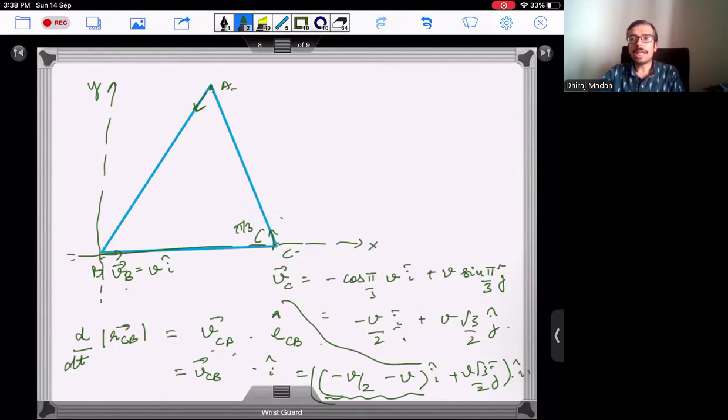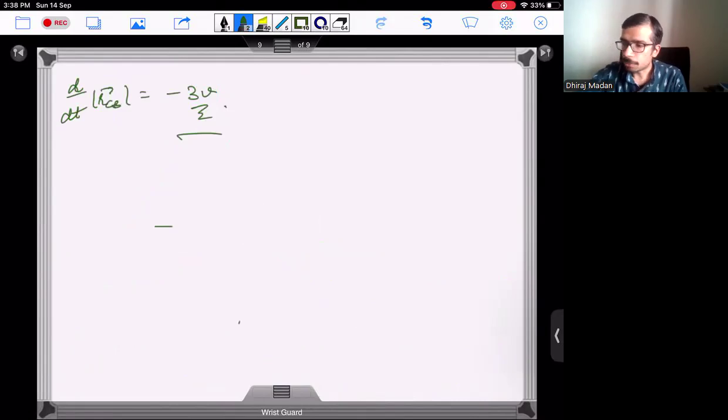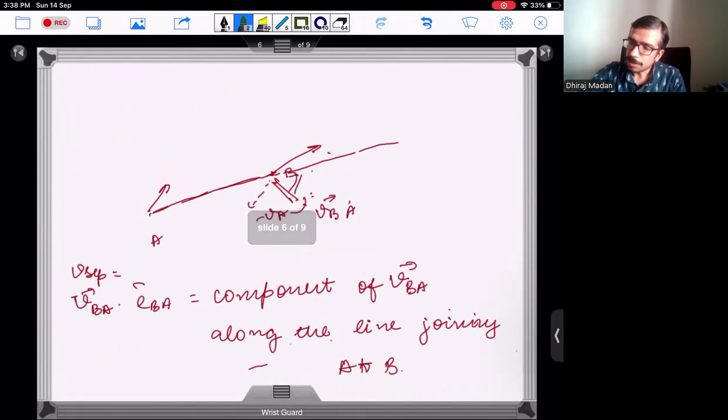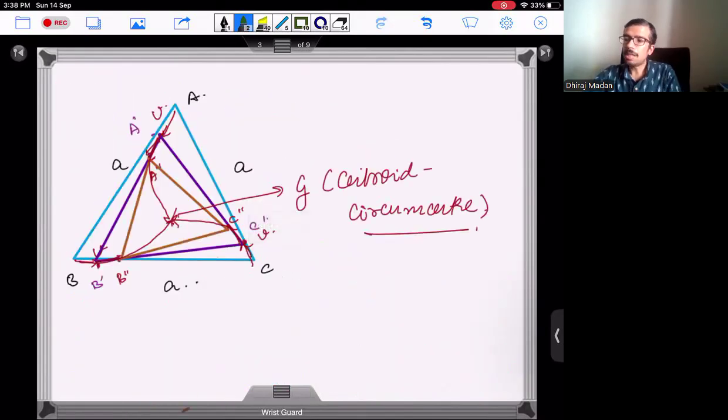So essentially, between any two points, the distance is going to decrease at the rate of 3V by 2. And even as the triangle rotates further, as we have seen, the rate of change of distance is always going to be 3V by 2.